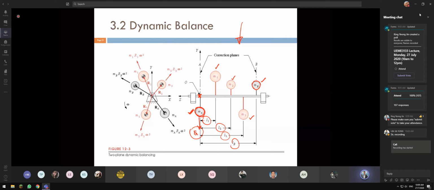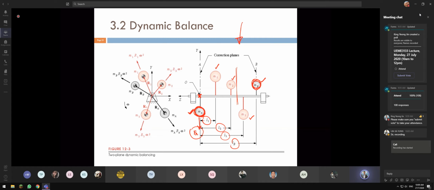But mA and mB are not necessarily at the extreme ends. They can be anywhere in the center. This balance mass is always affected by the geometry or the system in your design, where it can be put. So I give an example of car tires, car wheels.